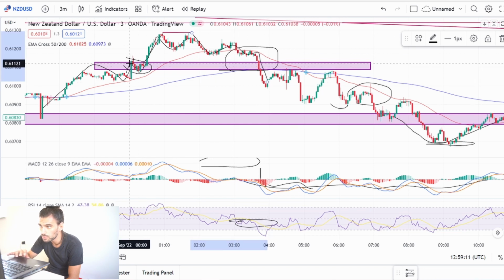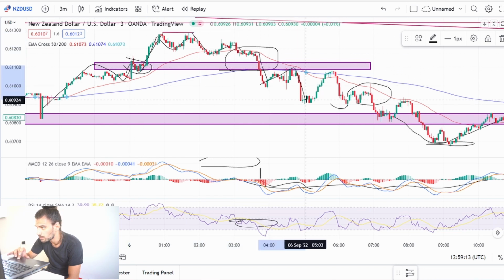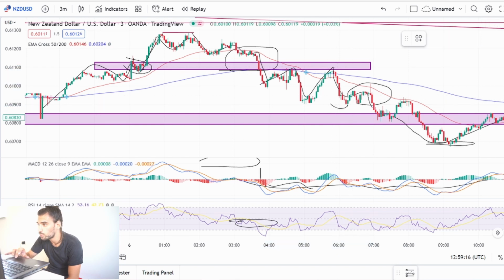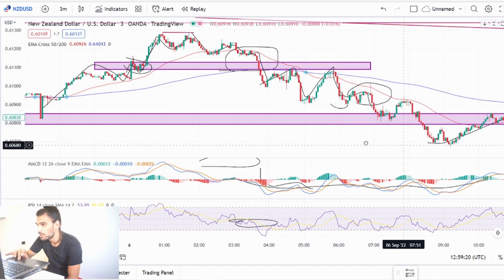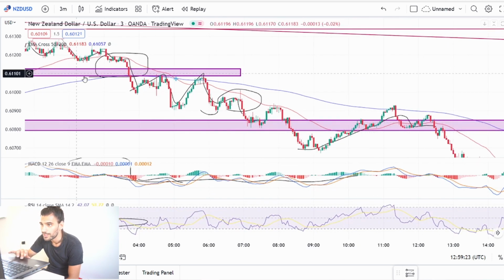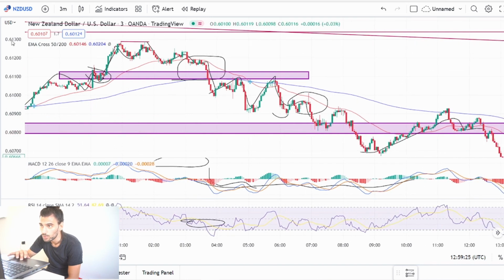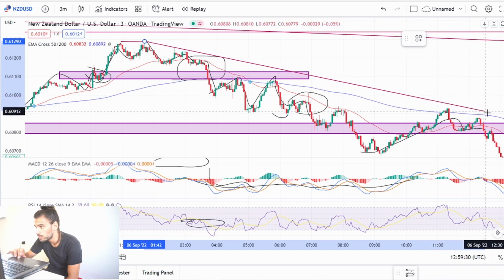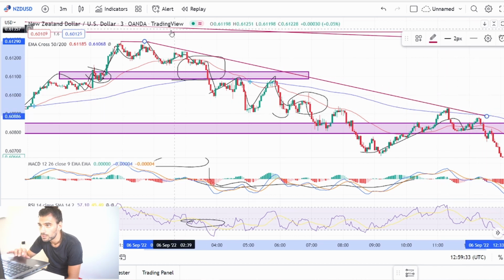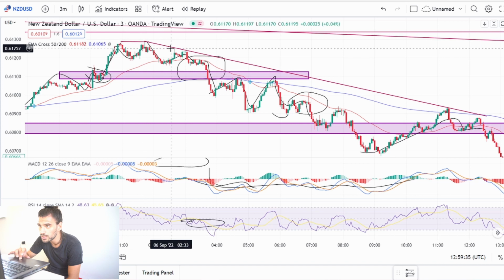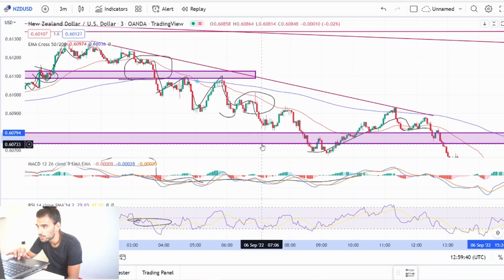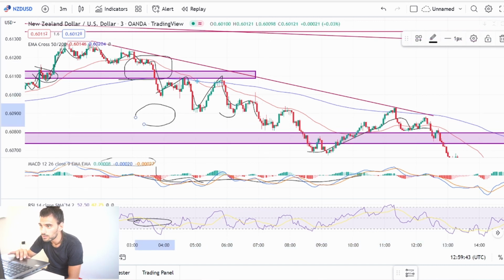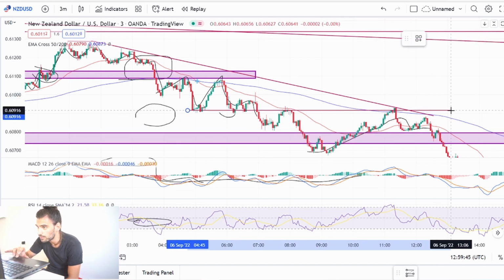We saw we broke this structure, went for a retest and continued to the downside, and then we reached this area which was the 50-minute structure and we broke here. So now we are looking for a trend line from the right side of the double top, and we can see the first touch was the double top here. This wick formed the second one, and here the third touch, which perfectly came back to retest this structure right here after we broke it.